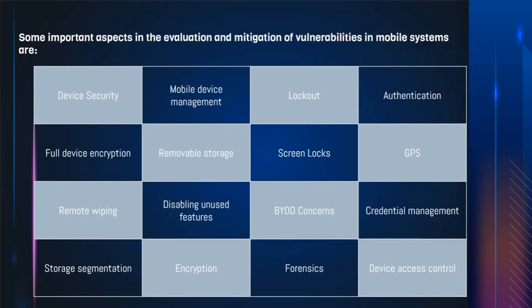Some important aspects in the evaluation and mitigation of vulnerabilities in mobile systems are device security, lockout, screen lockouts, bring your own device concerns, GPS, authentication, and device access control. There are more elements to consider, but for general knowledge purposes, these are the ones shown.